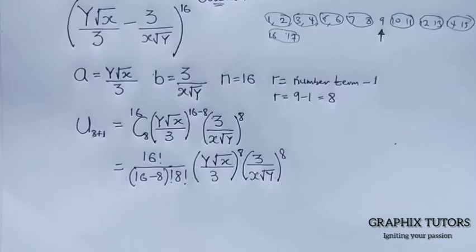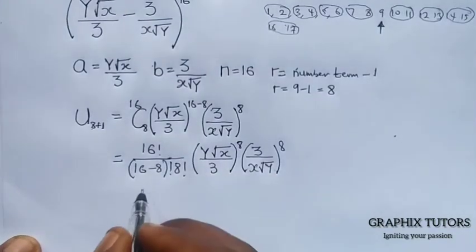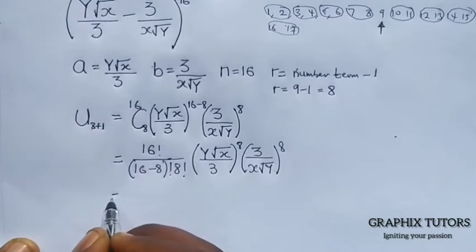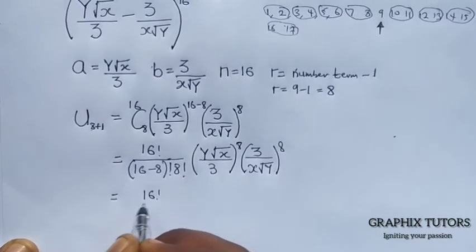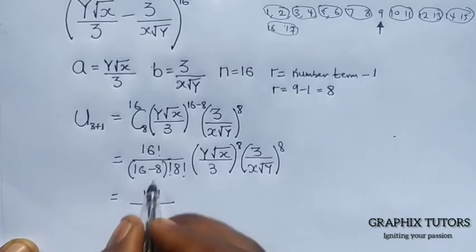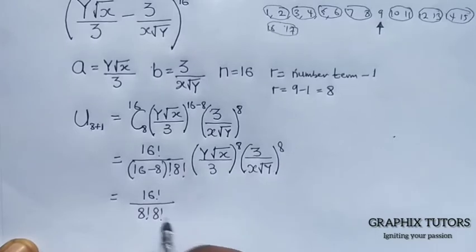Now we're going to be having 16 factorial all over 16 minus 8, which is 8 factorial, remaining the 8 factorial.